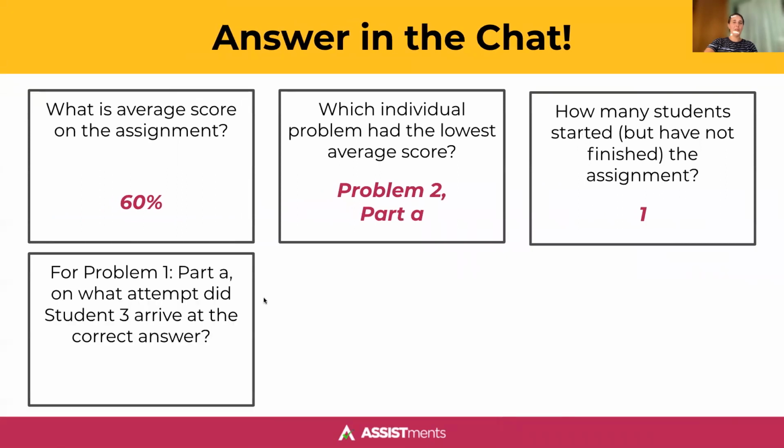Excellent. All right, couple more, and then we're going to dig a little bit deeper. For problem 1, part A, on what attempt did student 3 arrive at the correct answer?